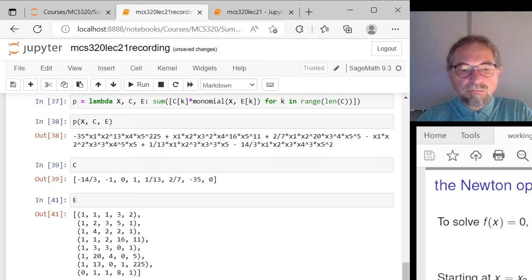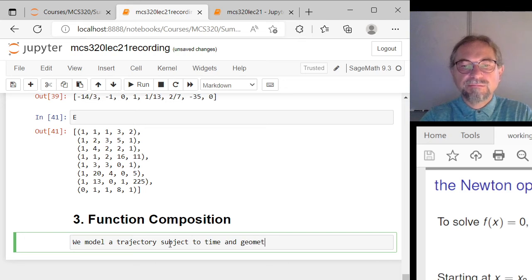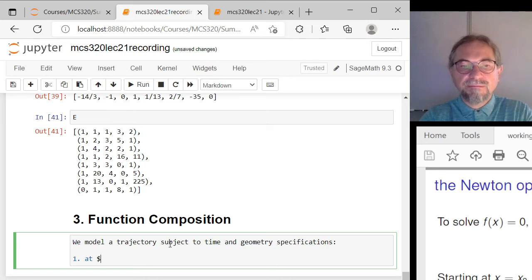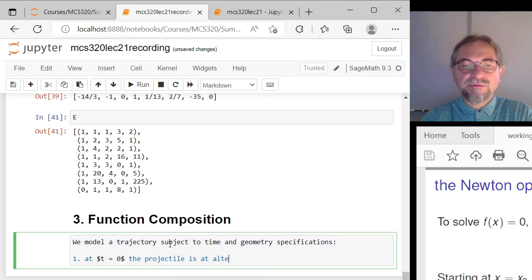So the function composition exercise started out with the modeling of a trajectory. So we model a trajectory subject to time and geometry specifications. So at time equals 0, the projectile is at altitude 0.